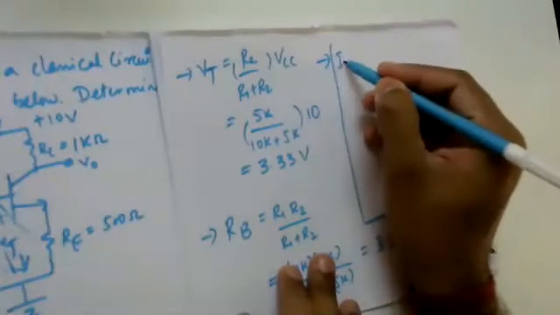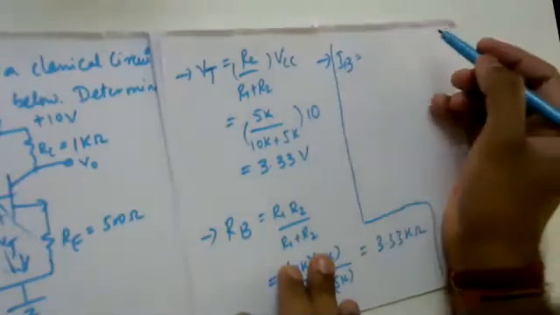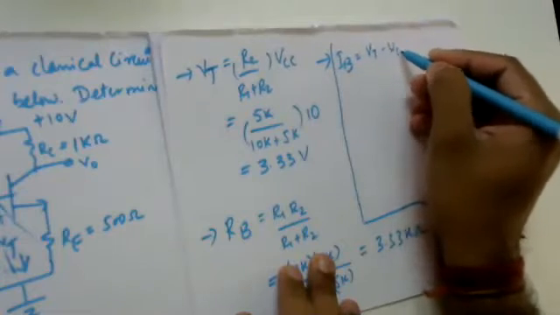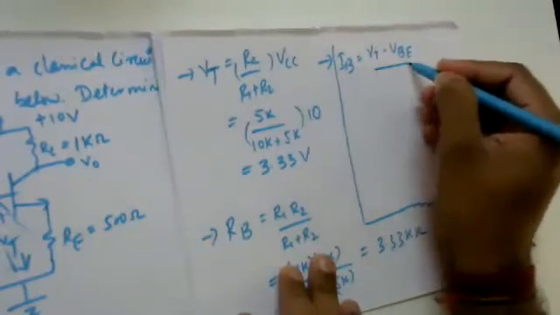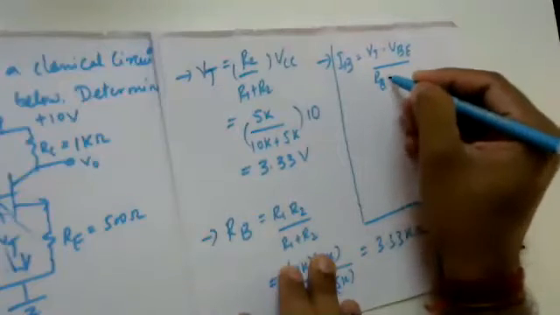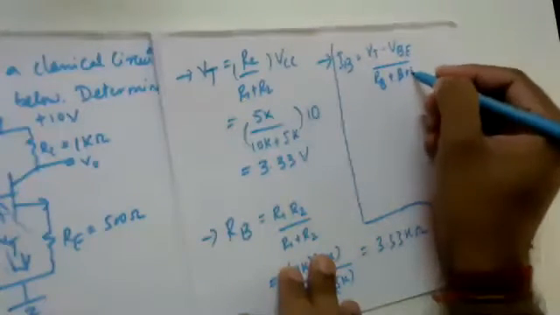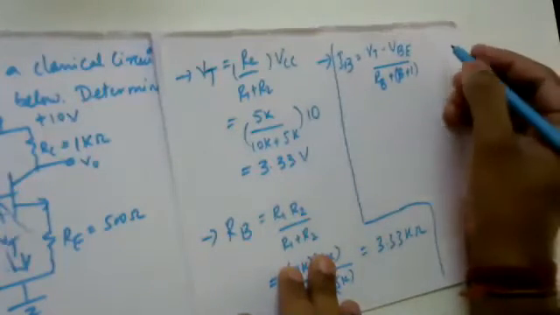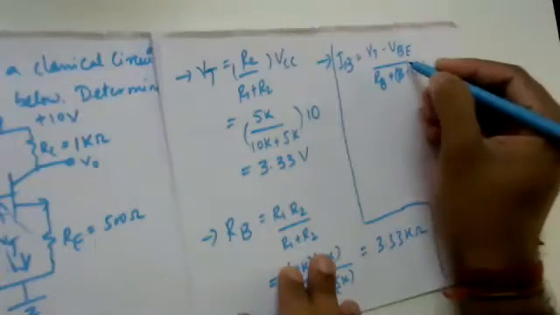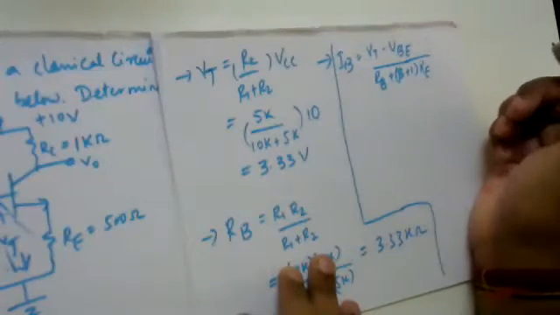So the base current is given by IB is equal to VT minus VBE divided by RB plus beta plus 1 times RE.